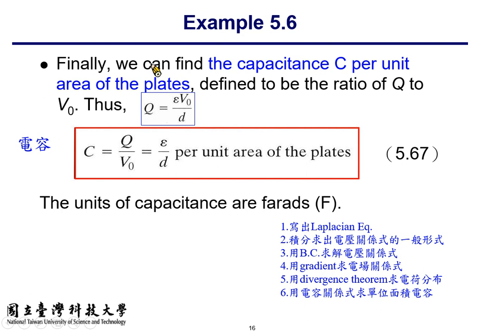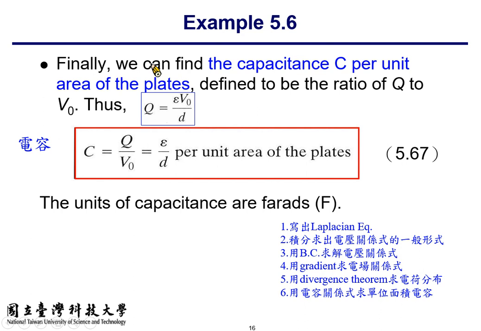So for the parallel plate, C is defined as Q over V sub 0. Then if you substitute Q with epsilon V sub 0 over d and divide by V sub 0, you end up with epsilon over d. So this is the per unit area capacitance of the parallel plate.